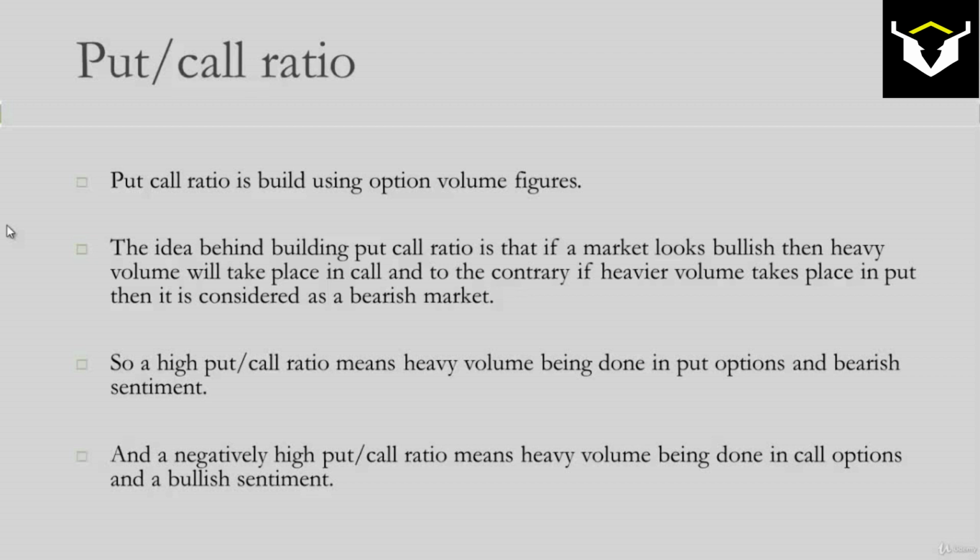Whereas if there was a very low put call ratio, this would definitely tell us that people think the market will go upside and hence they are participating more in call. So a put call ratio helps us understand the direction of the market. A very low put call ratio means heavy volume being done in call options and a bullish sentiment.